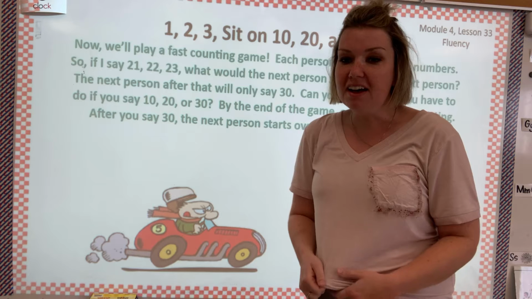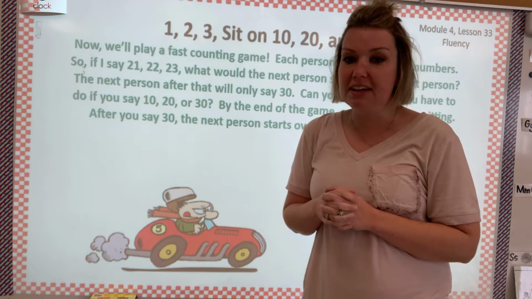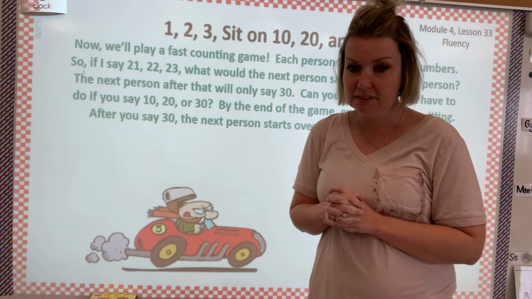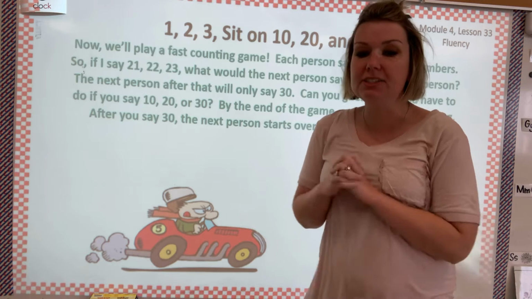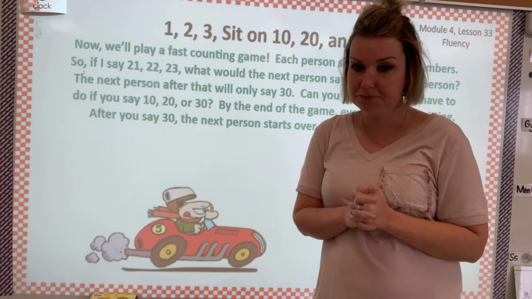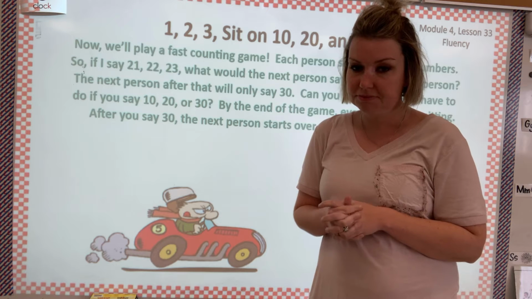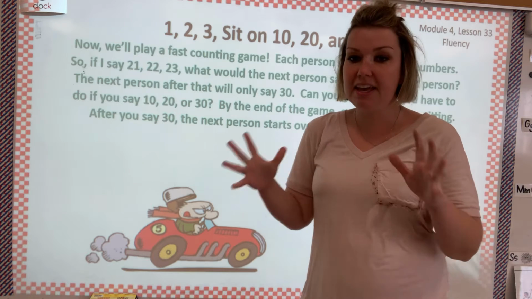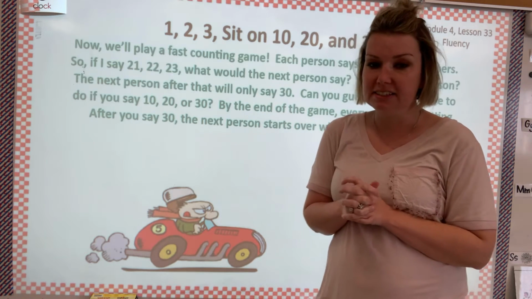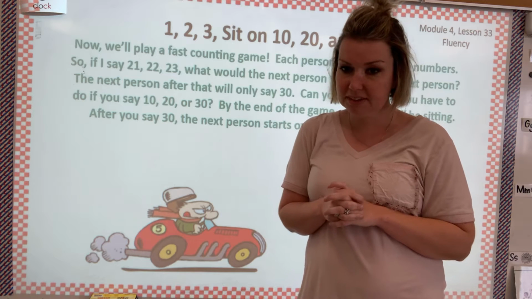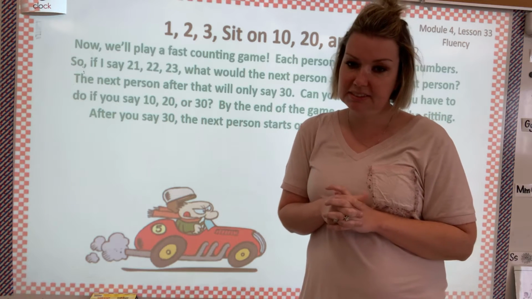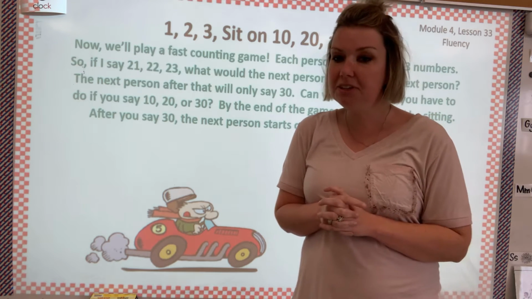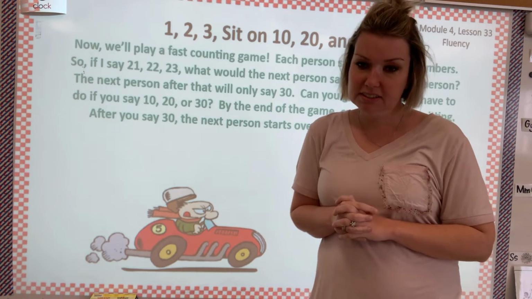Okay. Now we'll go to Anya. What comes after 10? The next 3 numbers. 11, 12, 13. Good. Russell, you're next. 14, 15, 16. Excellent. Estelle, you're next. 17, 18, 19. All right, DJ. What comes after 19? 20.